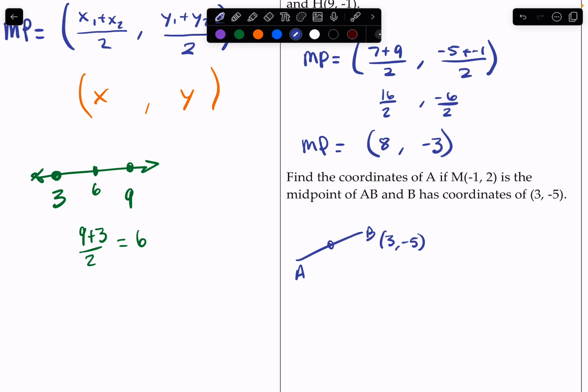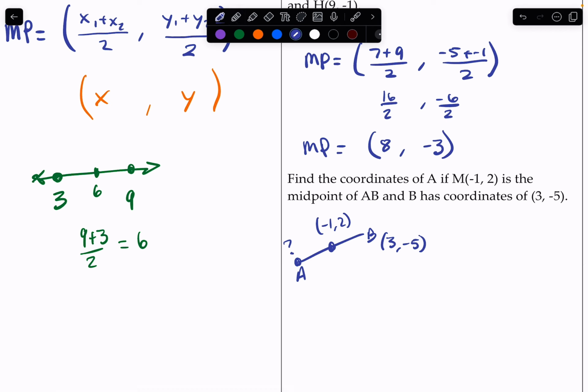You are given the midpoint, which is at -1, 2. And your task is to figure out, okay, where's A? Where does this point have to be for -1, 2 to be the midpoint between A and 3, -5?